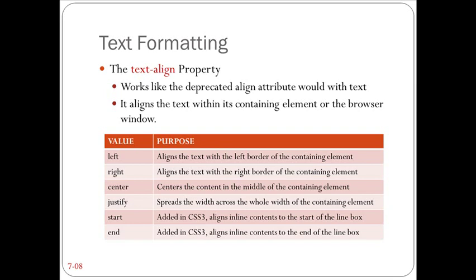It's used a lot in print, but you can use it if you want to. And then CSS 3 has added start and end, where start just aligns the inline contents with the start of the line box, and the end aligns it with the end of the line box. So they're very similar to right and left, but not quite the same.